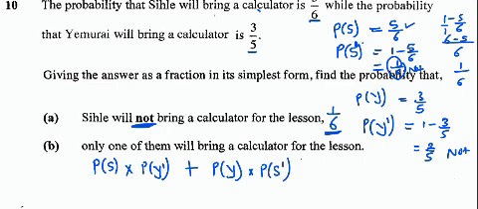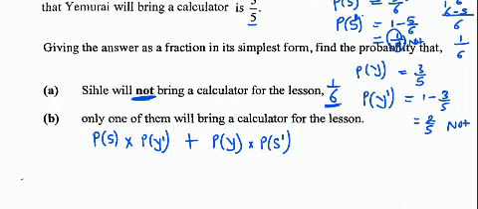Right? So the probability that Sihle will bring is 5 over 6 times the probability that Yemurai will not bring. Yemurai will not bring, that's 2 over 5.